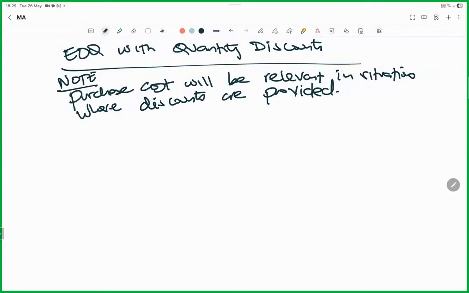That is the most important concept, that the purchase cost will become relevant in situations where discounts are provided.